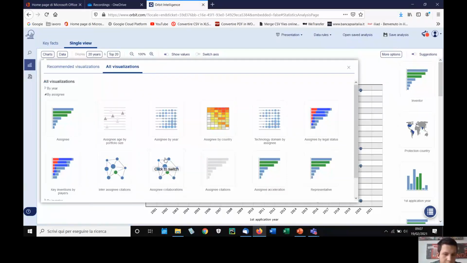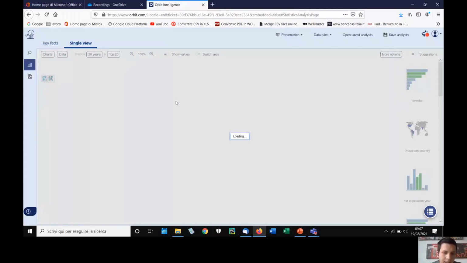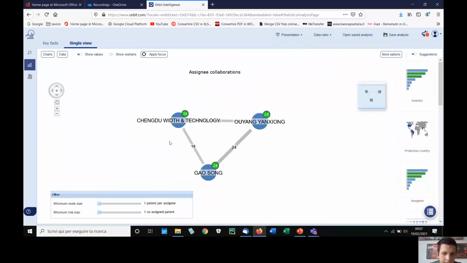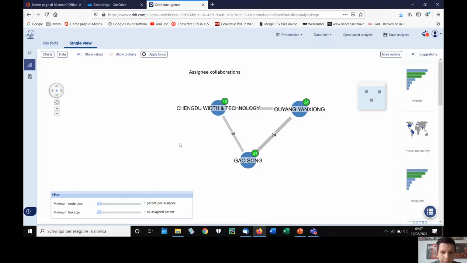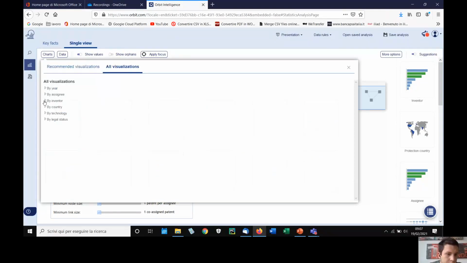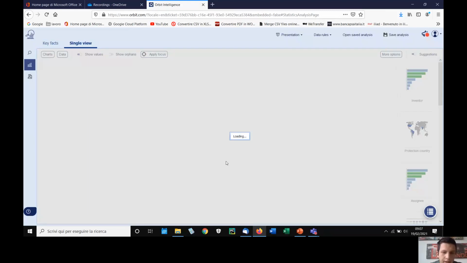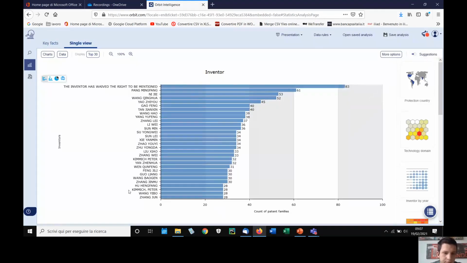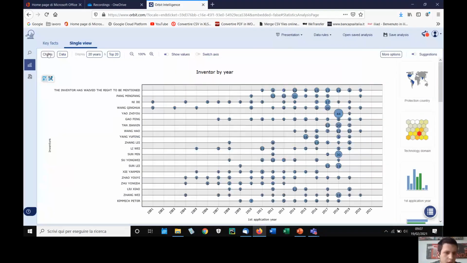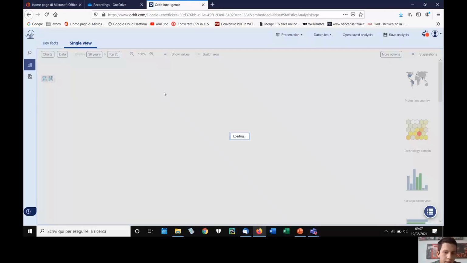Also, I can search the collaboration between applicants. In this case, I have this collaboration. Or by inventor, so the top inventors with the number of patents, by year, or co-inventorship in a patent.